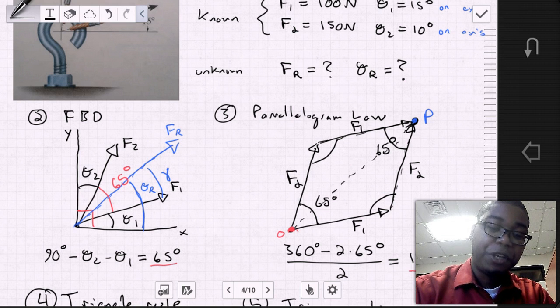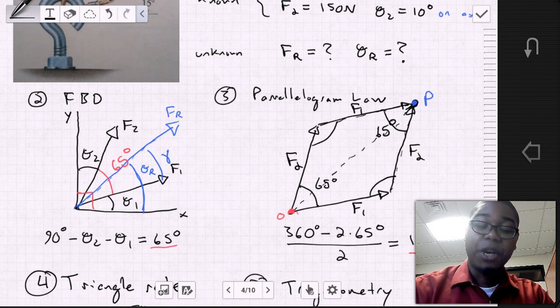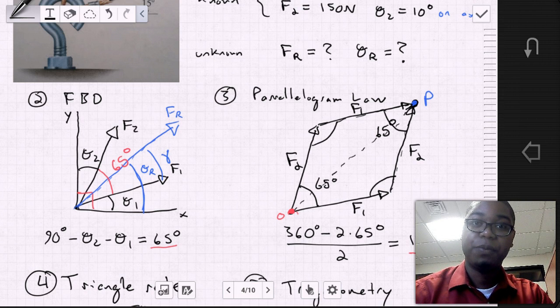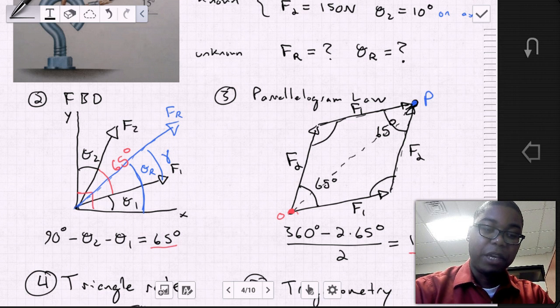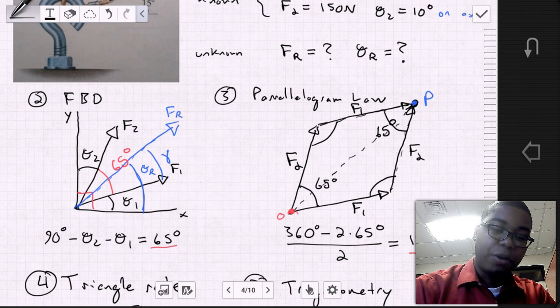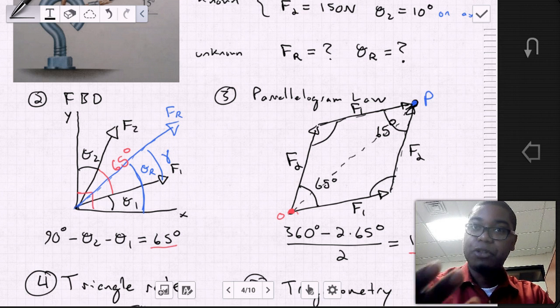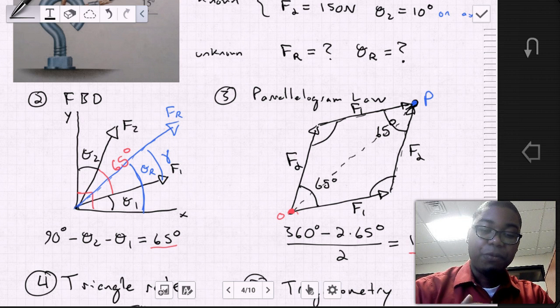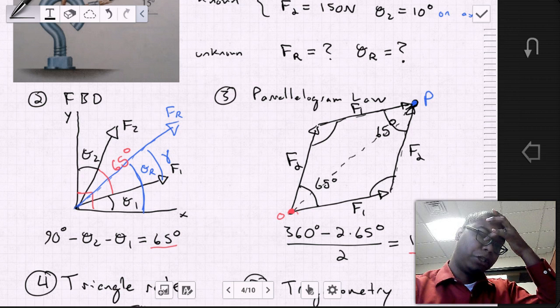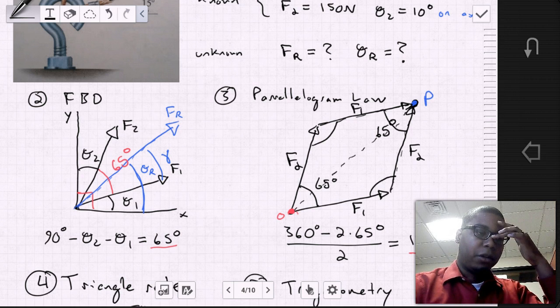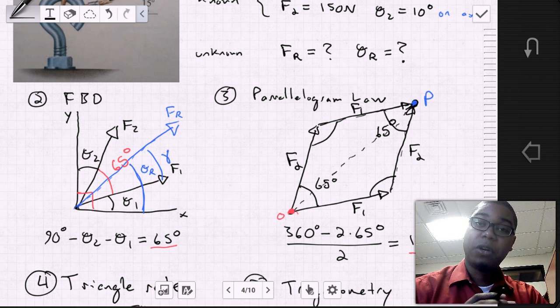So what we can do is apply geometry in order to find those interior angles. We know that inside of a parallelogram, the total sum of all the angles is going to be 360 degrees. So we can do simple algebra and create a simple equation which will allow us to find the interior angle of these two corners. We know that there's 360 degrees total.